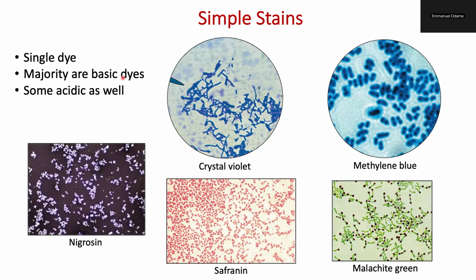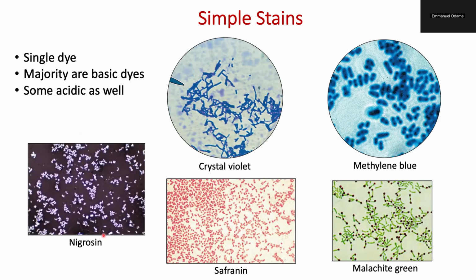We've already learned that the basic dye stains the sample itself, whilst the acidic dye stains the background. Examples of the basic dye include crystal violet. Here you can see it just stains the microbe itself, and methylene blue stains the microbe itself too. We have safranin, the one in red, which also stains the microorganism.